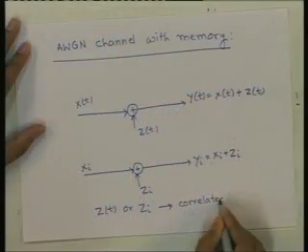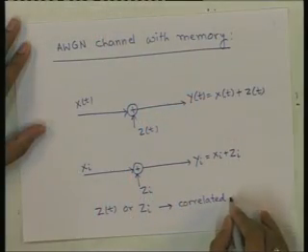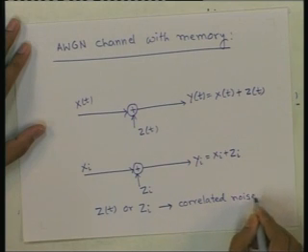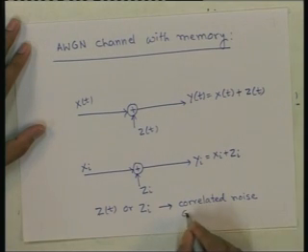So, simply z(t) or z_i are correlated noise, again Gaussian.